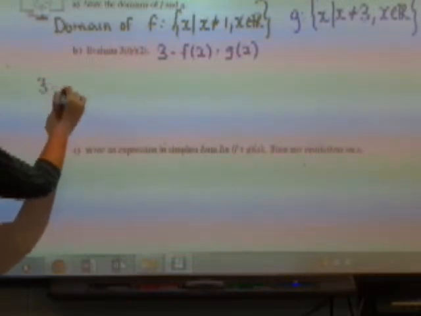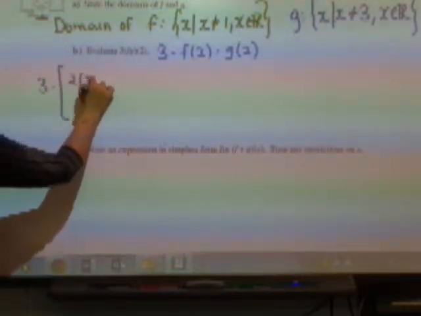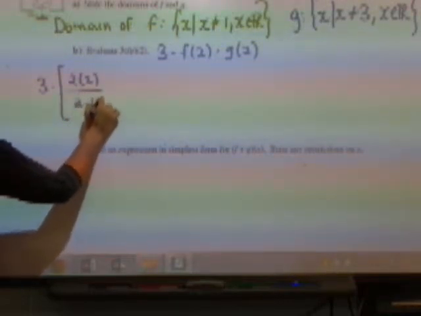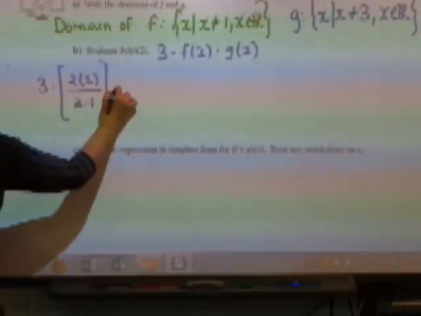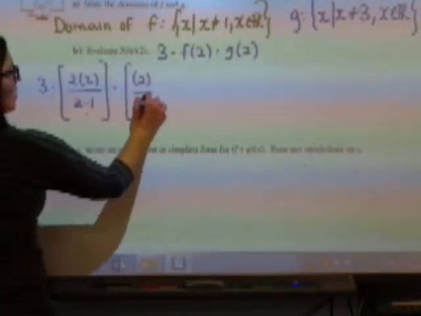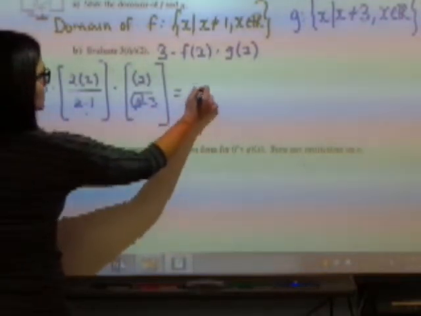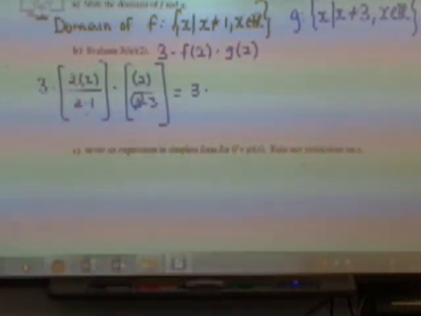So I have 3 times, and then if we look at f at 2, 2 times 2 over 2 minus 1. And then 2 over 2 minus 3. So 2 times 2 is 4, and 2 minus 1?